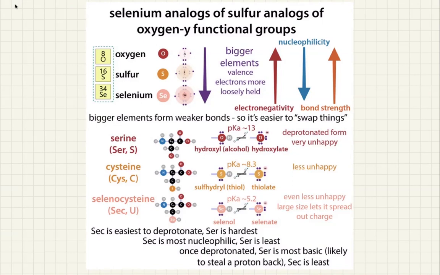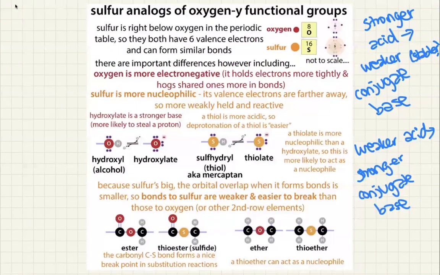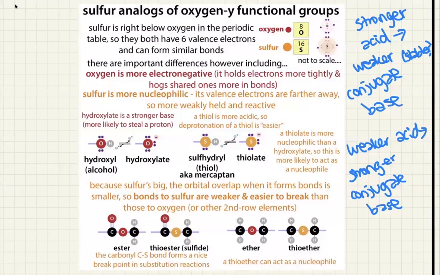So you're going to have the cysteine group be more reactive than the serine group in terms of nucleophilicity. So a thiolate is more nucleophilic than a hydroxylate, so it's more likely to act as a nucleophile. And it's more likely to deprotonate because it is going to be a stronger acid. So a bunch of different reasons why it is going to be a really great nucleophile.